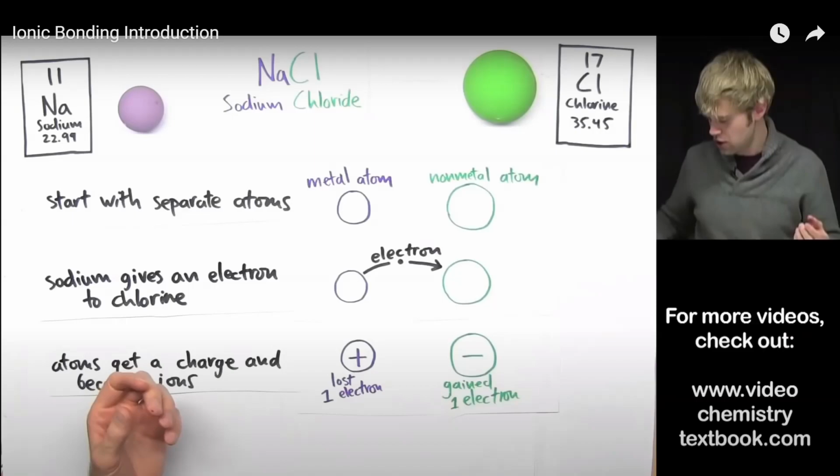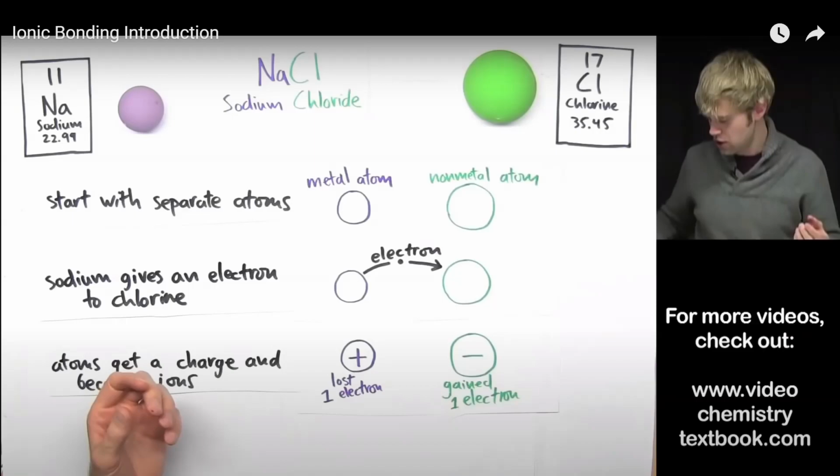Ions, yes. Isotopes have different numbers of neutrons from each other. Ions are where we've either added electrons or taken away electrons. So you can fill in this little bit here. The atoms get a charge and become ions. And underneath the positive, there's a box.